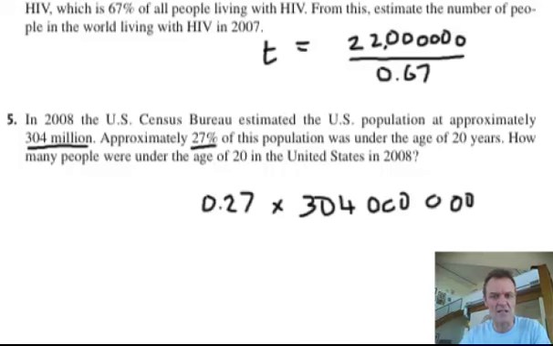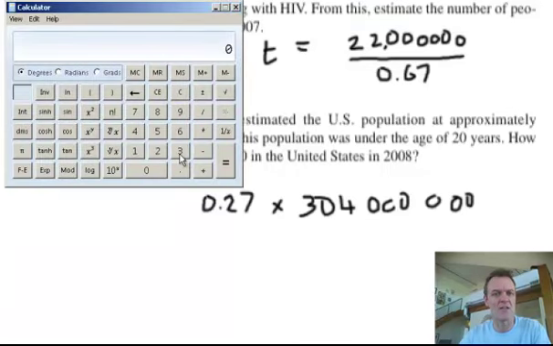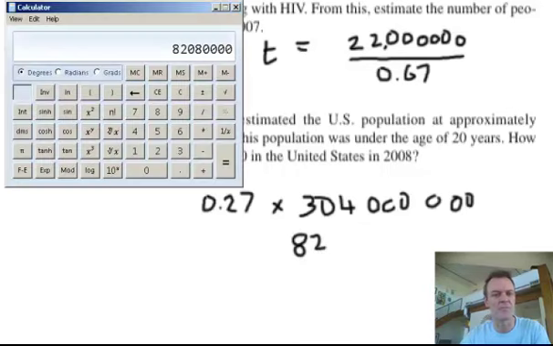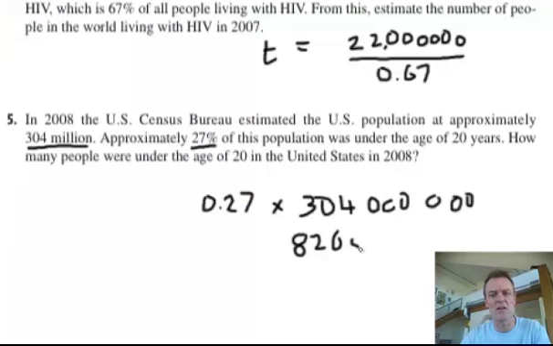On the calculator, 304 million multiplied by 0.27 equals 82,080,000. That's 8, 2, 0, 8 and 4 zeros. Now to put the commas in, that goes there, that goes there.